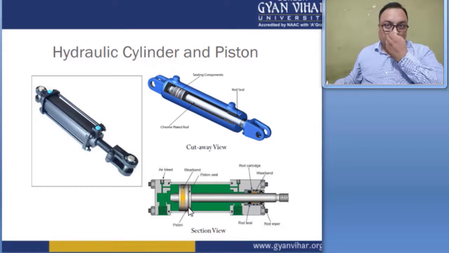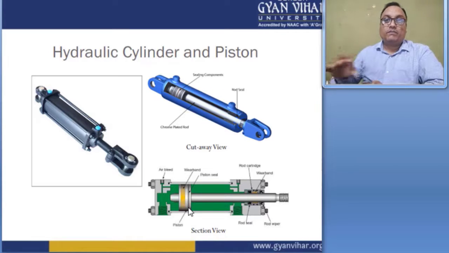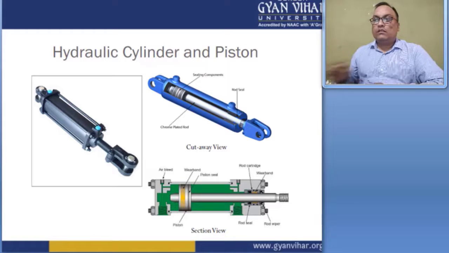Here are different types of cylinders. These are two-way cylinders. How is this two-way? Because one input port and one output port are present in the hydraulic cylinder. If only one port is present, then this is a one-way cylinder.